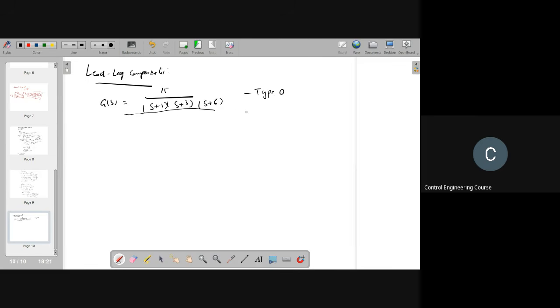So for a type 0 system, what is the steady state error constant? For the position error constant Kp, the steady state error for a type 0 system is 1 by 1 plus Kp, which is non-zero, and the remaining steady state errors are infinite.